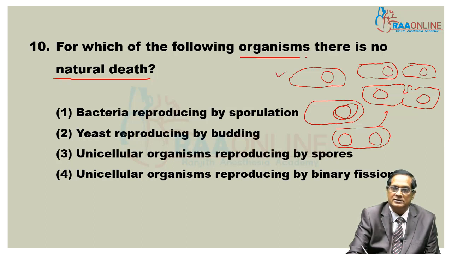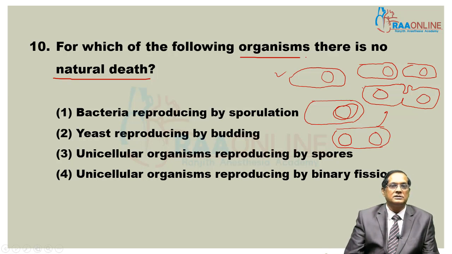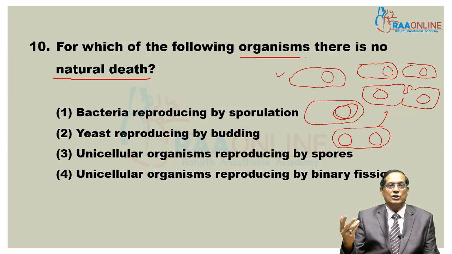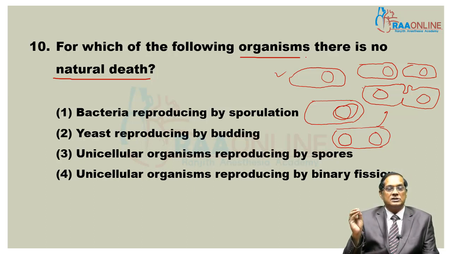And where is the parent cell now? Parental cell, without death, divides to form 2 daughter cells. That is, parent cell is not visible, it has not died, but it divides to produce 2 offspring.